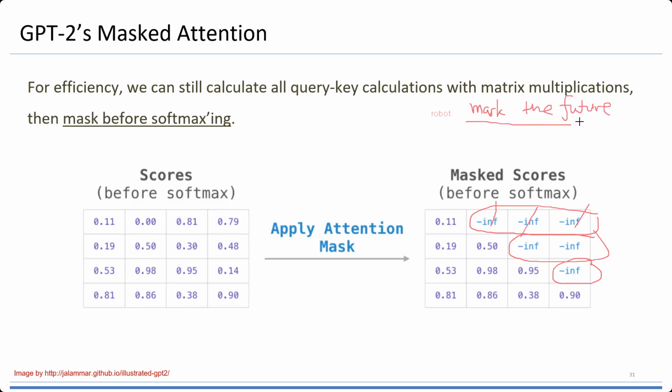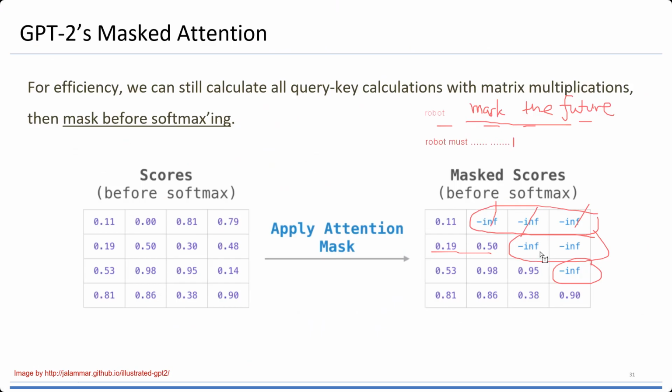It means that after robot, we hide the values. And then for the second one, let's assume I have the words robot must. Then the next values will also be hidden, or we want to mask them.